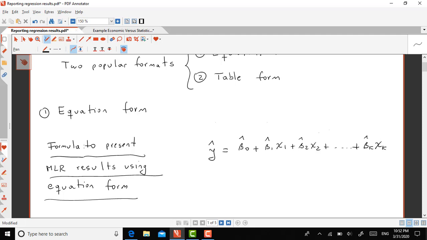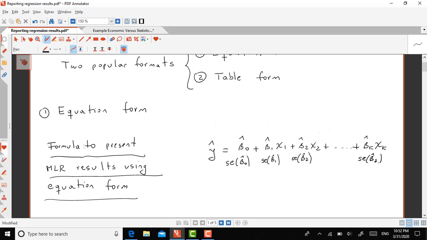Notice that we don't have an error term in this equation. And under each of the coefficients, we're supposed to write the standard errors of the coefficients we estimate.